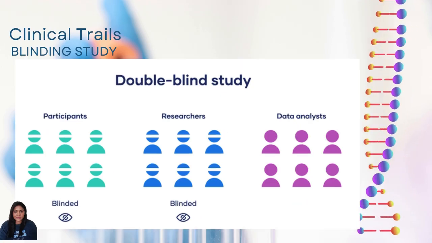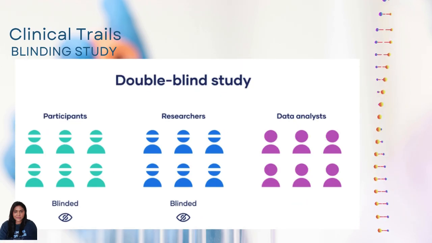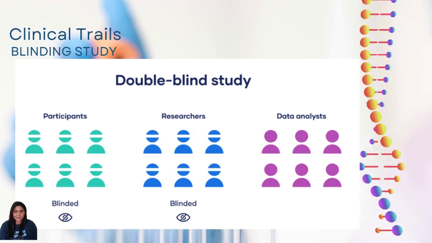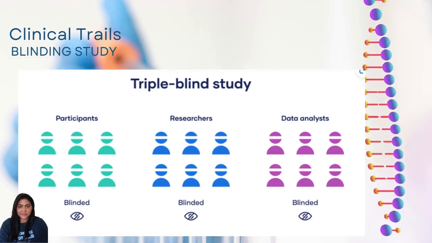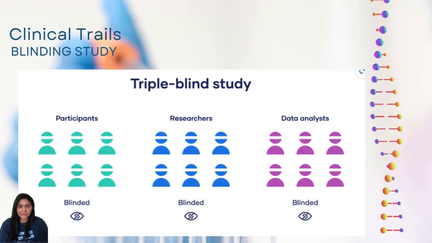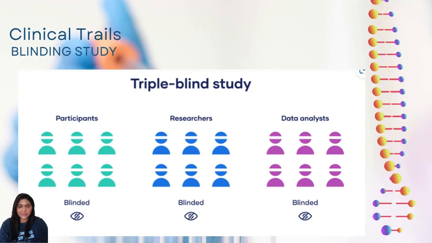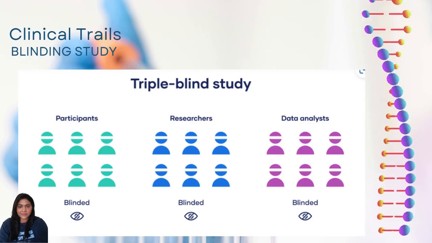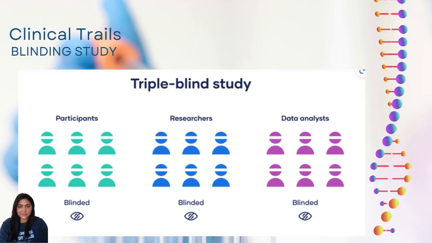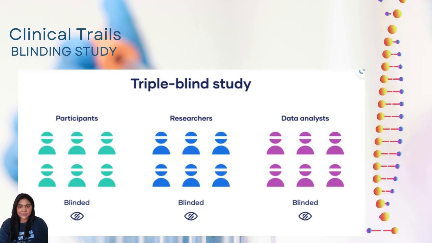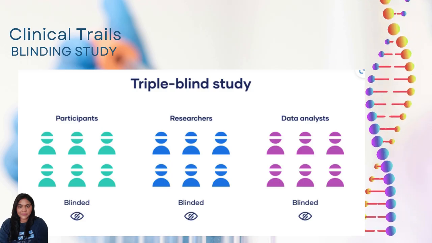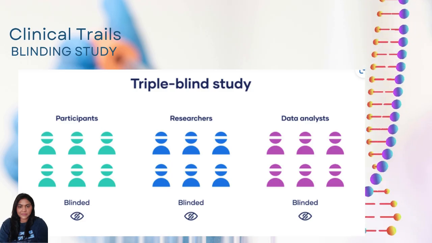So what is the benefit of that? To achieve triple blinding, you assign each participant to group 1 or group 2, but do not inform the data analyst which number represents which group. So it always helps to analyze biases.